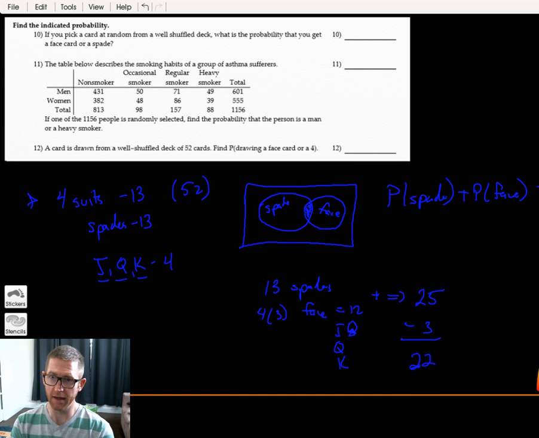That's spade union face, so we subtract the overlap. The probability of pulling a spade is 13 out of 52, plus the probability of pulling a face card, 12 out of 52, minus 3 out of 52, which combines to be 22 out of 52.